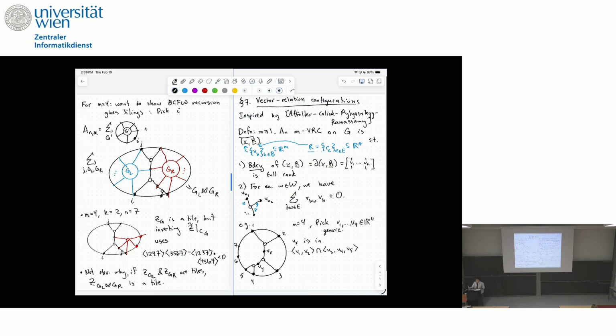Okay, and actually, I can tell you what line this is. So this is the line spanned by, okay, abusing notation, I'm going to write the brackets even though I mean Plücker coordinates. So it's this particular linear combination of V1 and V2. Okay, I could also write this in terms of V3, V4, V5. I'm going to run out of space.